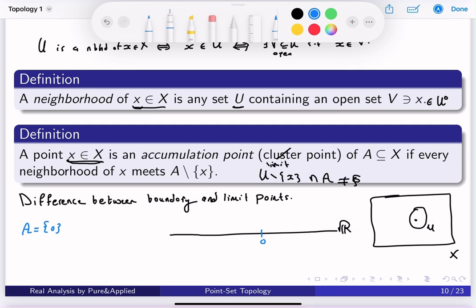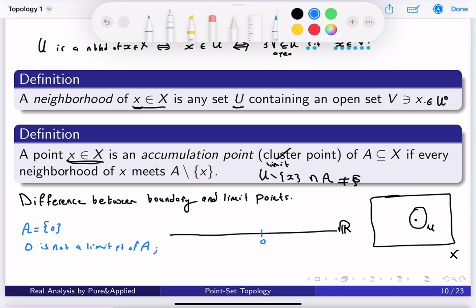what can we say about 0? Is it a limit point? Is it a boundary point? What is it exactly? You can see here that 0 is not a limit point of A. And why is that?